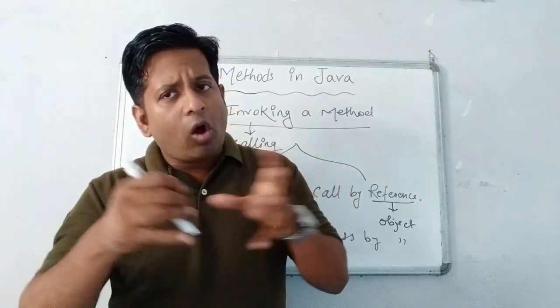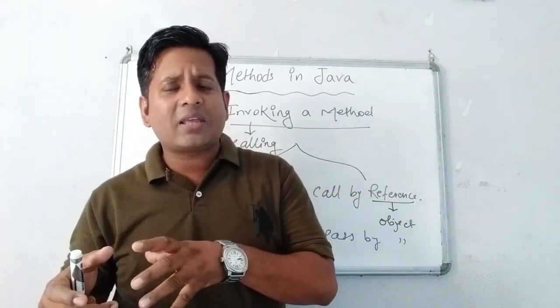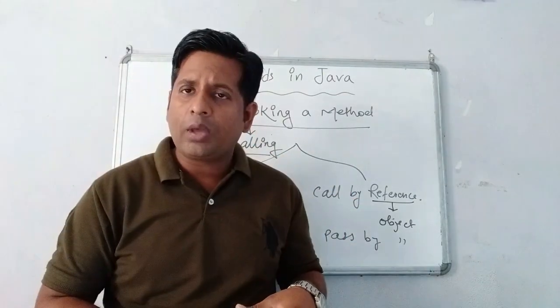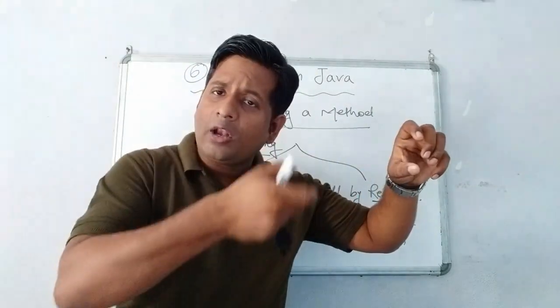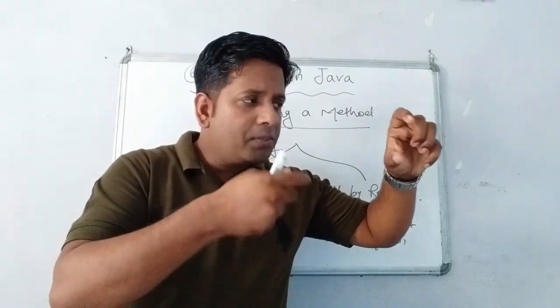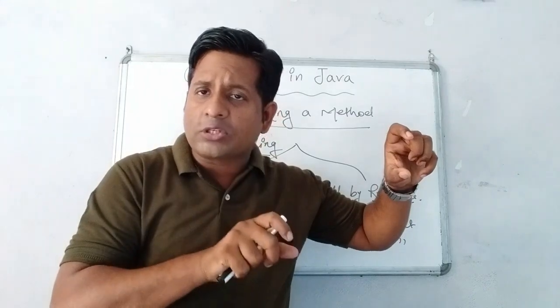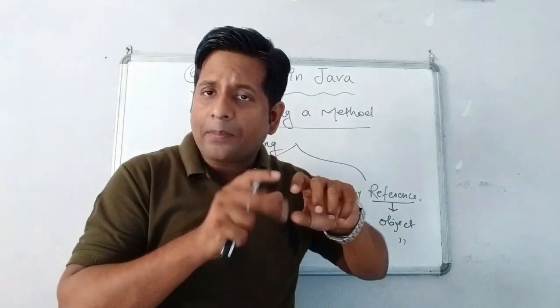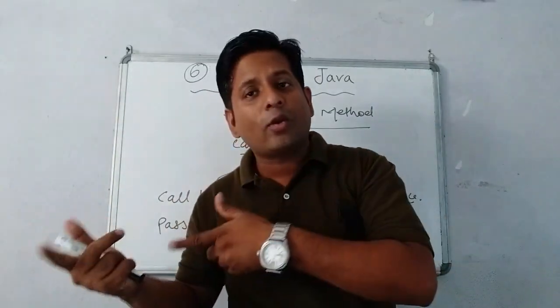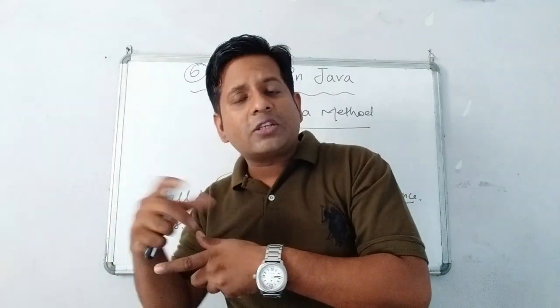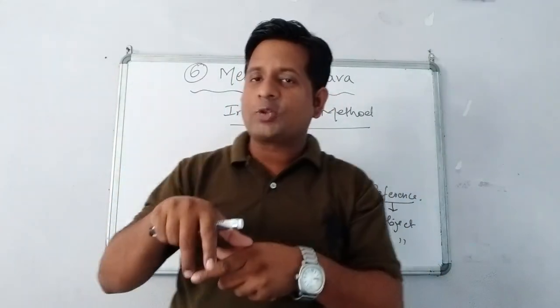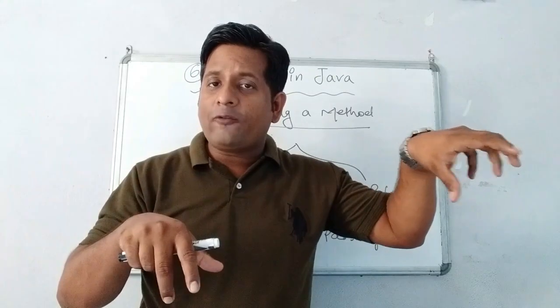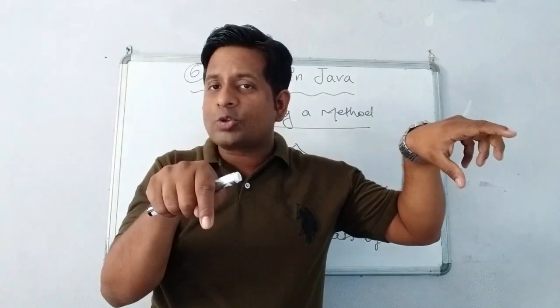Whenever we call the function to utilize it in our programs, input functions are always called in process, then only you can calculate, and the process part is called in output, then only you can display. So calling is required, and passing is also required. Children, input values are actually passed to the process, na?